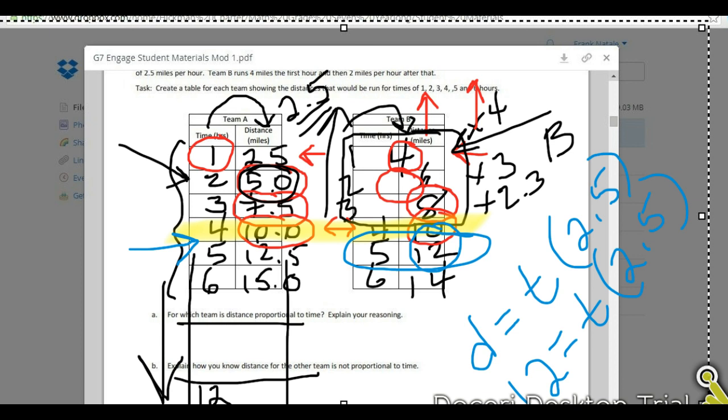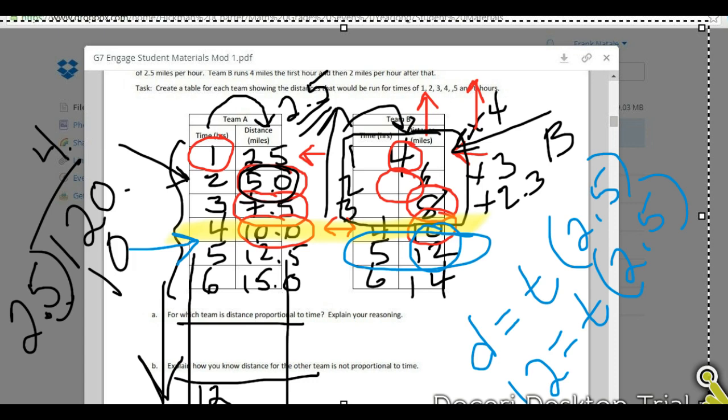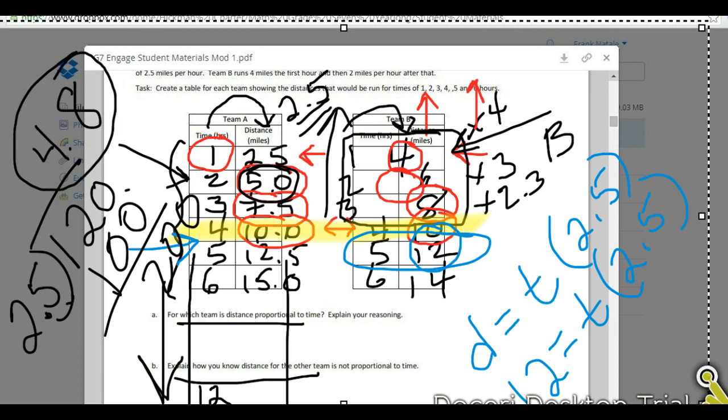So all we need to do is some division, and we are going to divide 12 by 2.5. Okay, and if we do that, we are going to figure out that it is 4.8 hours for Team A.